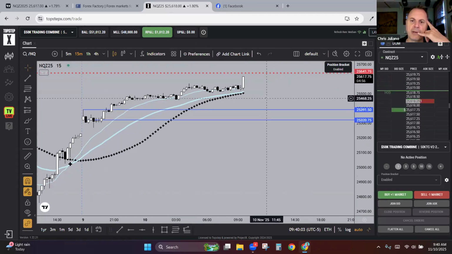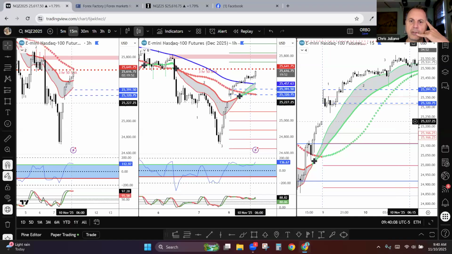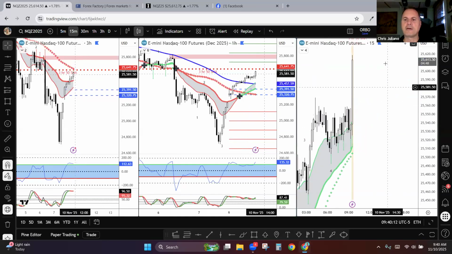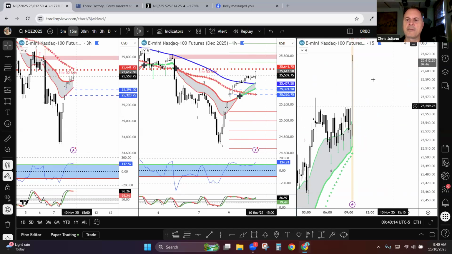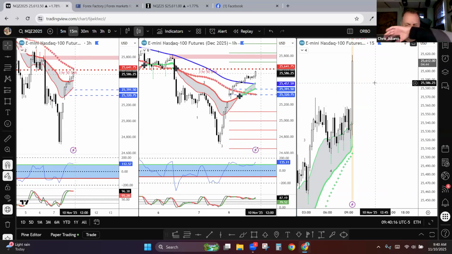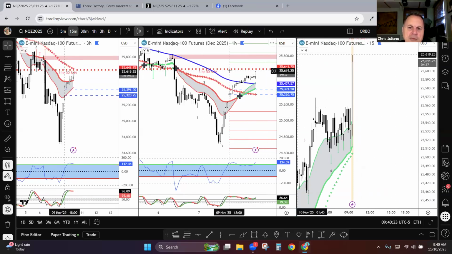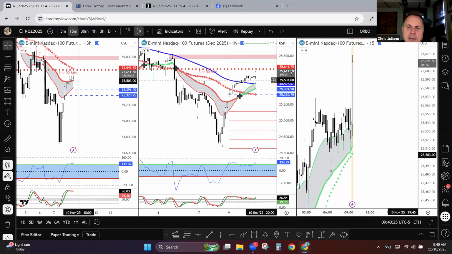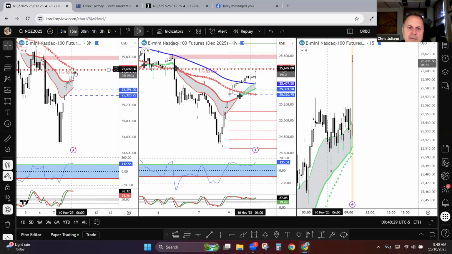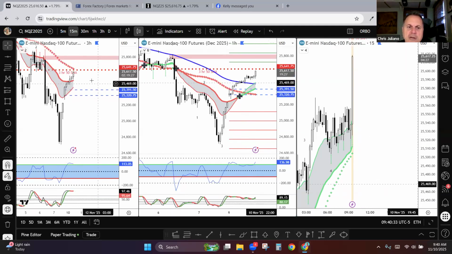Here we go. Really making a strong move to that 50 simple on the 3 hour chart there. So this is a really good sign. Possibly going to go to ADR. Let's see if we get a bounce off of this 50 simple moving average on the 3 hour chart here.